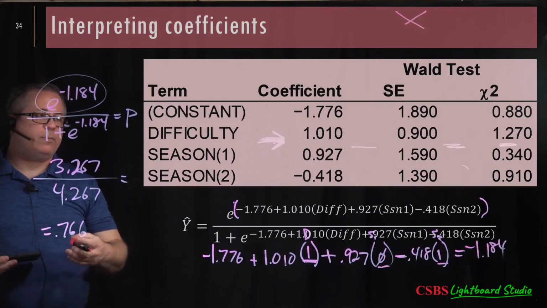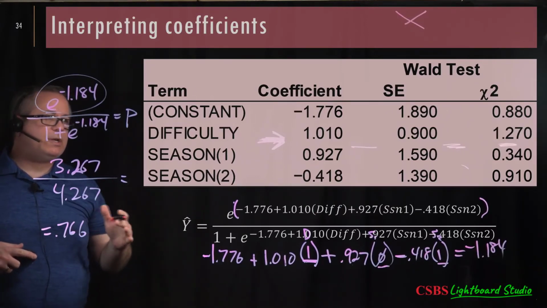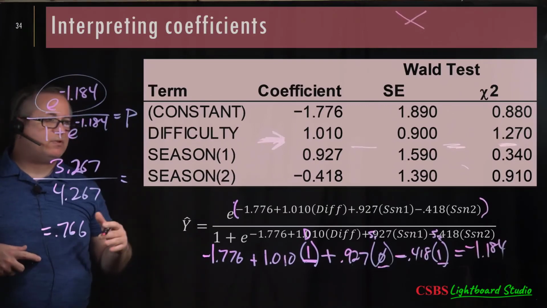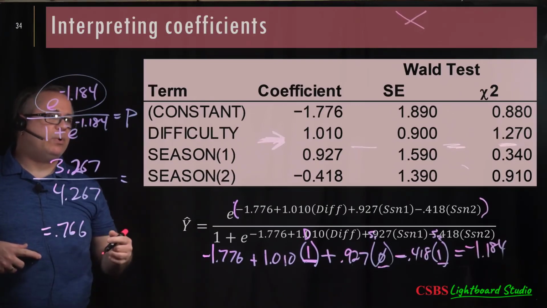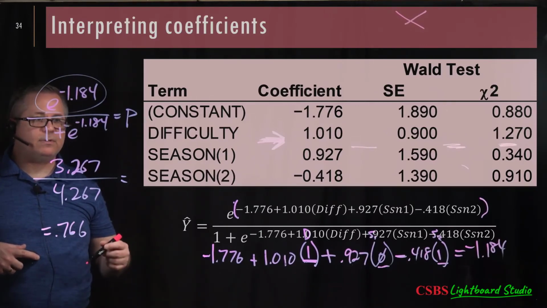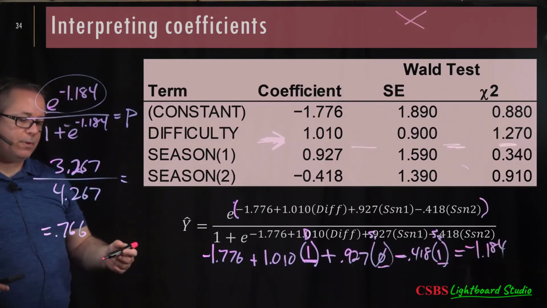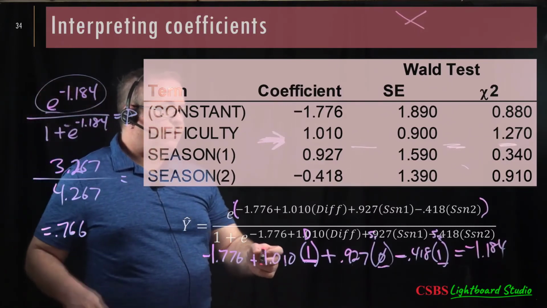We're able to predict the probability for that person, but if we want to know what changing from one season to another does, like, how much more likely am I to fall in spring relative to winter, I'd have to modify this equation a little bit.